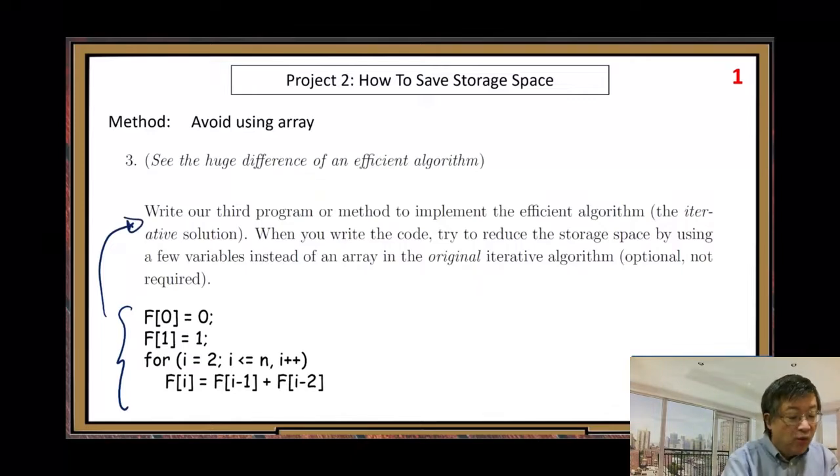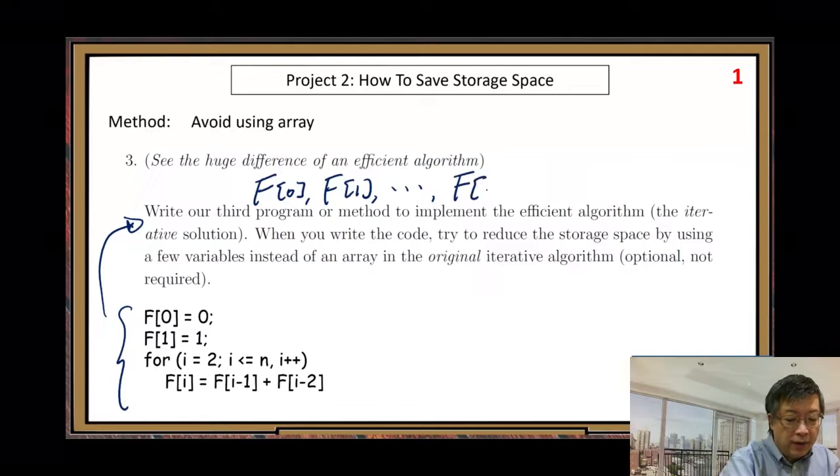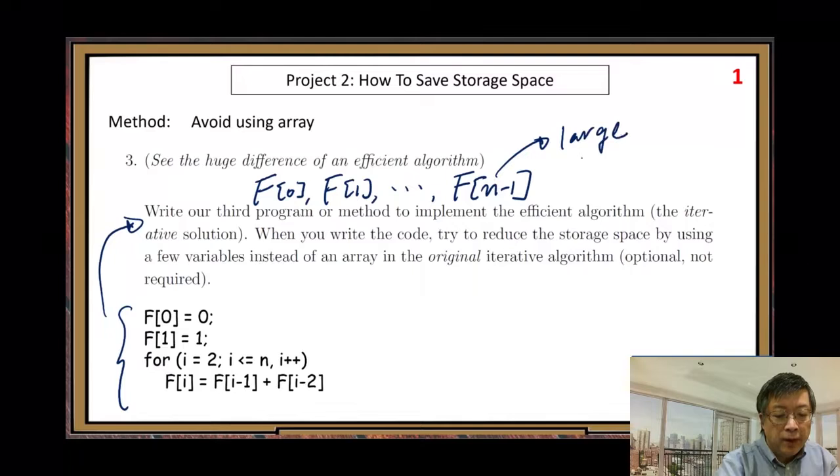Here you can see we need to use an array, the F array, right? So think about if we use the F array, let's say we have total n elements. When this n is very large, think about how much space we need to use.